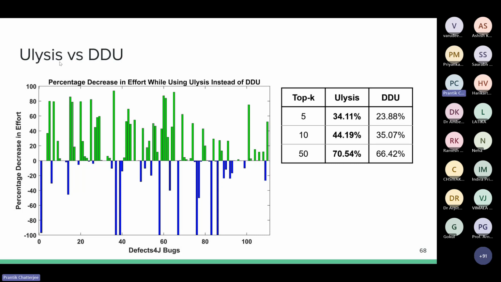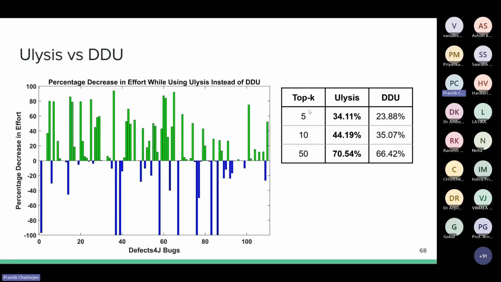Compared to the tests generated by DDU, we see that the test suites generated by Ulysses are actually able to decrease the wasted effort while identifying the buggy components. In some cases, we are able to decrease the wasted effort to catch the buggy component by even 80%.